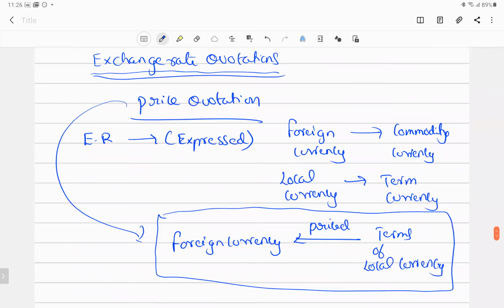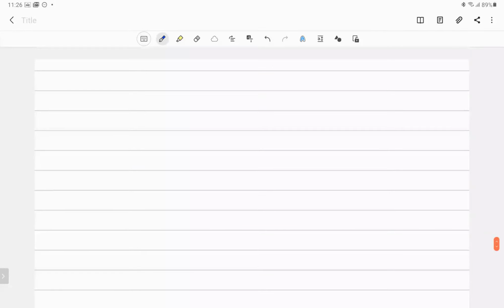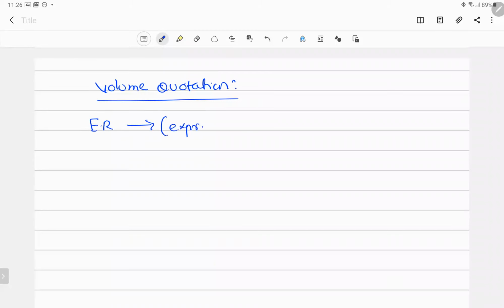Then coming to the next one, the volume quotation. When it comes to the volume quotation, ER is nothing but the exchange rate. The exchange rate is being expressed. I put FC as the foreign currency.